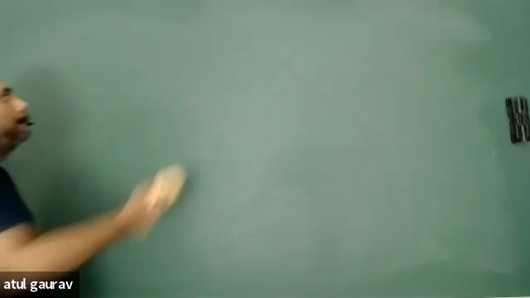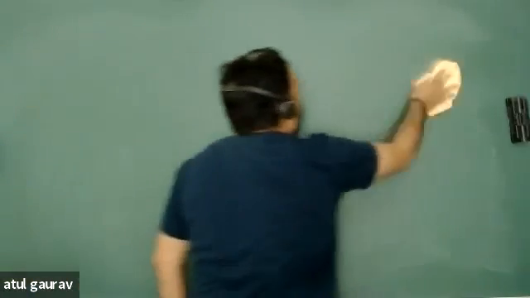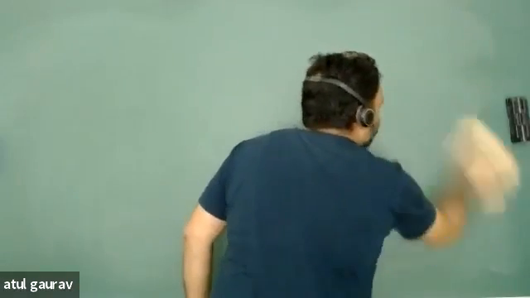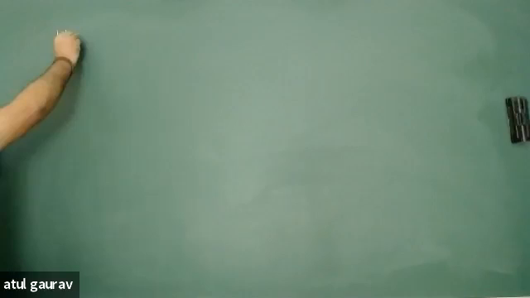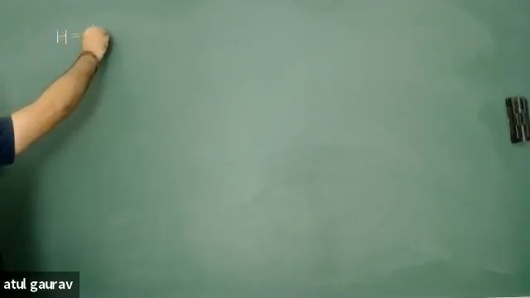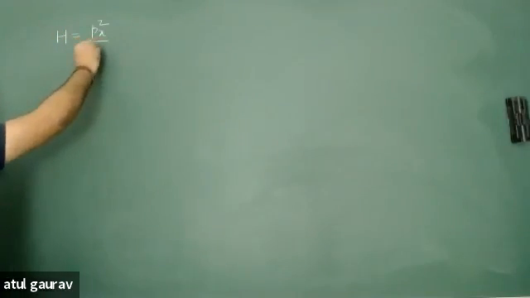Now, what is going to happen? This is a very interesting kind of situation. Look at here. Suppose we have a free particle, and we know the Hamiltonian of a free particle. The Hamiltonian of a free particle is, let's say, p_x squared upon 2m.